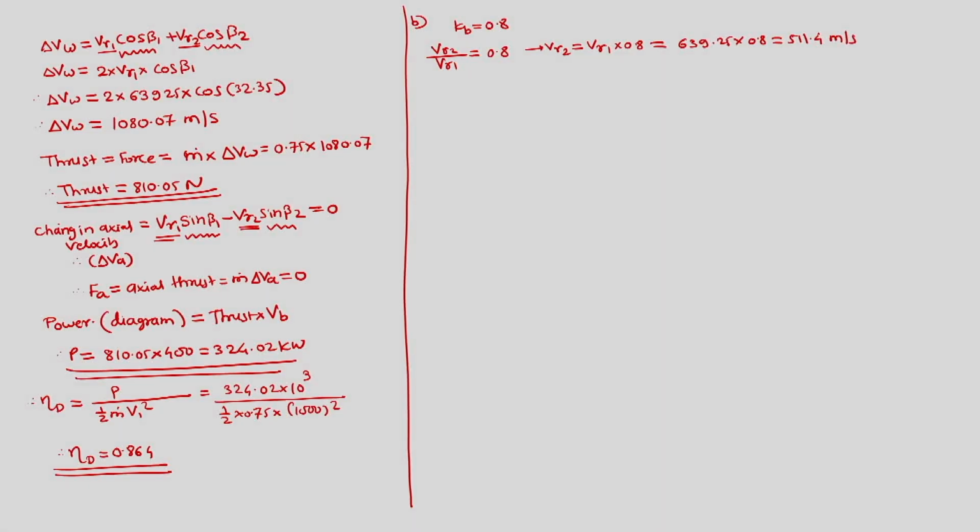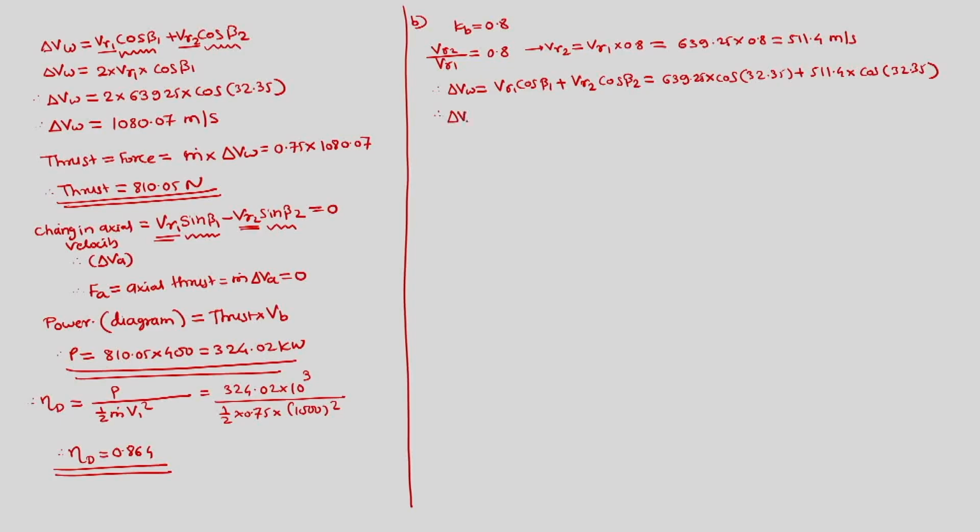So we have VR2 is equal to 511.4 meter per second. So delta VW, which is VR1 cos beta 1 plus VR2 cos beta 2, will be 639.25 into cos of beta 1, which is 32.35, plus 511.4 into cos of 32.35.